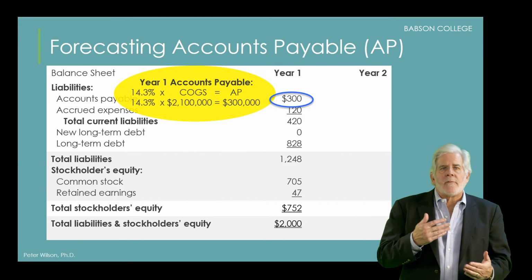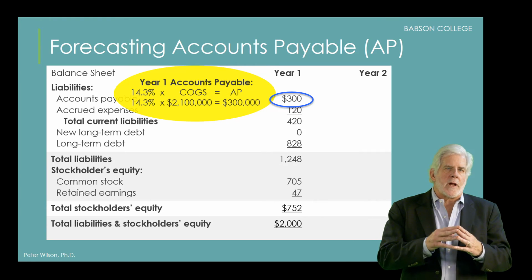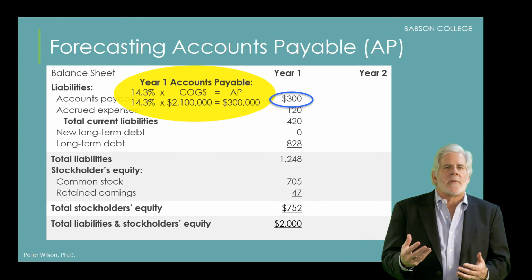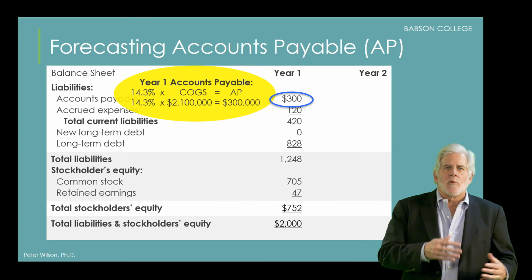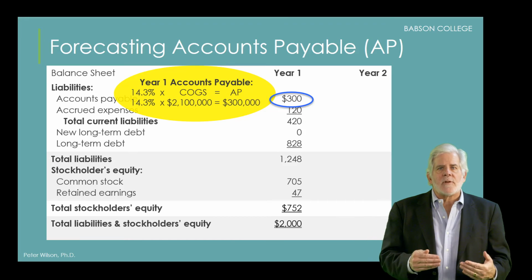We are already forecasting slightly lower turns for both receivables and inventories for NEBCO as the firm goes through its startup phase, grows its sales base, and works out the kinks in its production process. What this means is that inventories will take a few more days to sell, and receivables will take a few more days to collect.